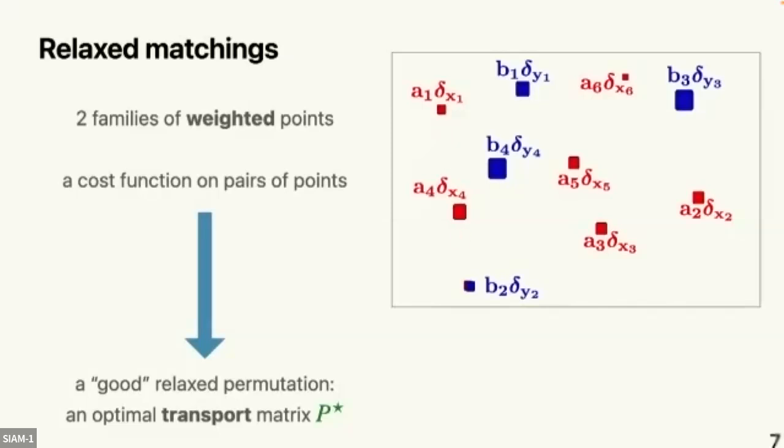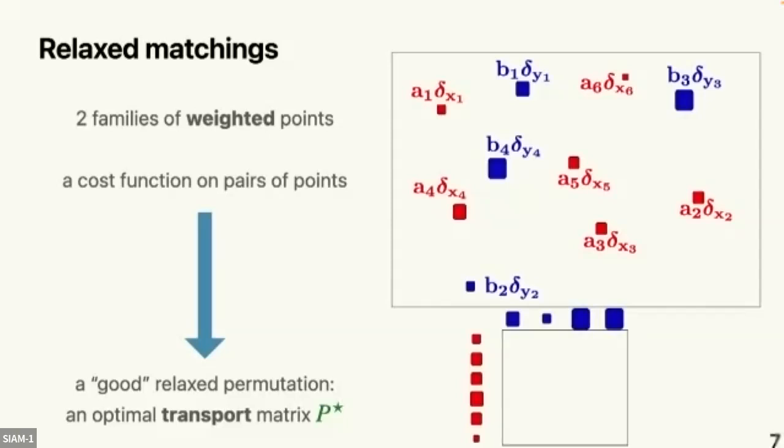Here is a bit of the physical intuition about this. I am going to list, somewhere with an arbitrary order from x1 to x6, the masses that are in the red measure, and I'm going to collect the masses of the blue measure the same way. So this gives me just two sets of masses. You could call them histograms, because they're completely unrelated to where the points were lying.